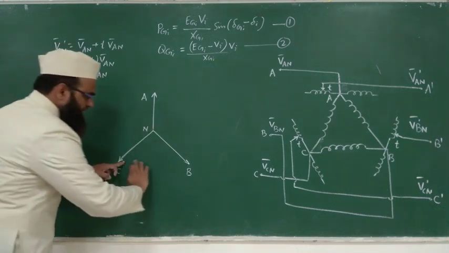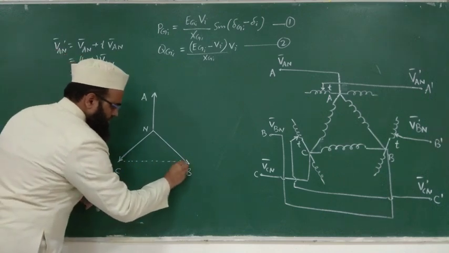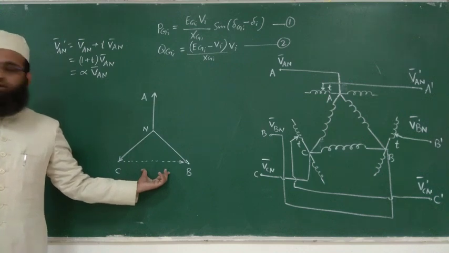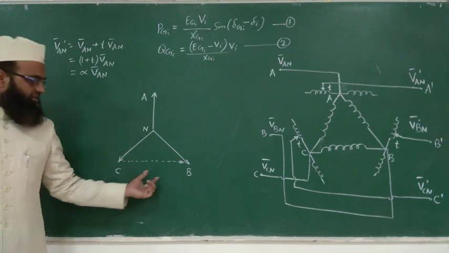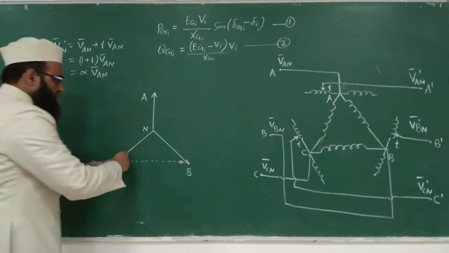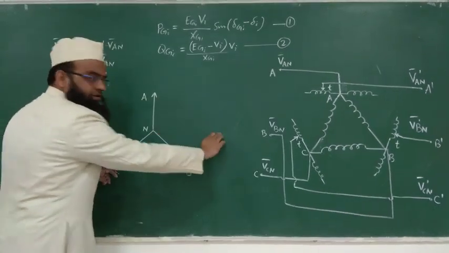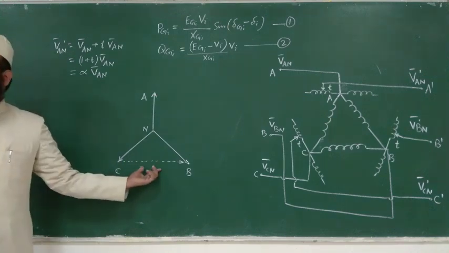So this will be the line voltage, is not it? VBC. VBC is nothing but VBN minus VCN, is not it? If you write minus, it will go there. The resultant of these two will be there, right? Parallel to this. But this is line, right?